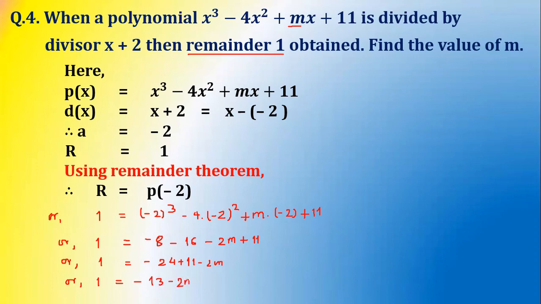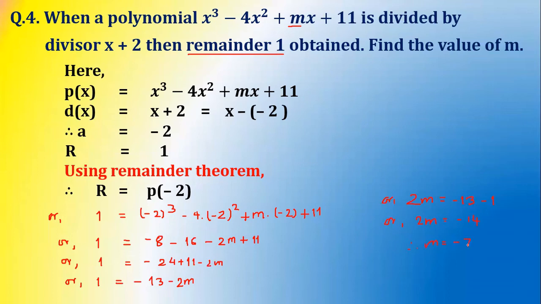Let's send this minus 2m to the left hand side and 1 to the RHS, then 2m would equal minus 13 minus 1, by simple calculation, so the value of 2m would be minus 14. When minus 14 is divided by 2, the value of m would be minus 7.